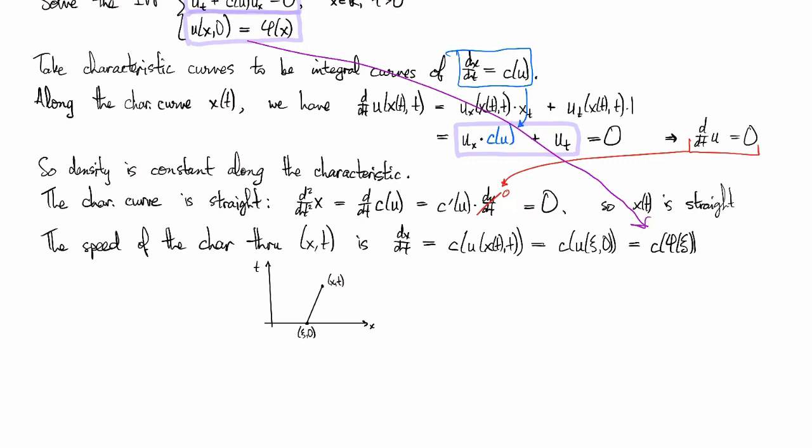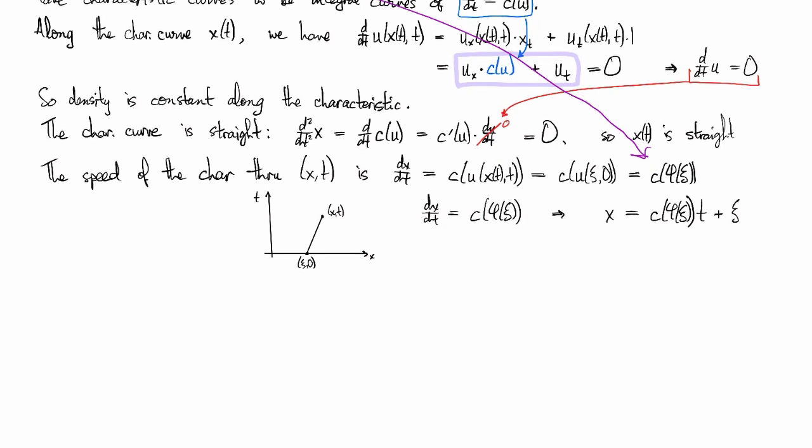Okay, and so from this equation here, dx/dt equals c of phi of xi, then we see that x is going to be the same thing times t plus xi, just by integrating.